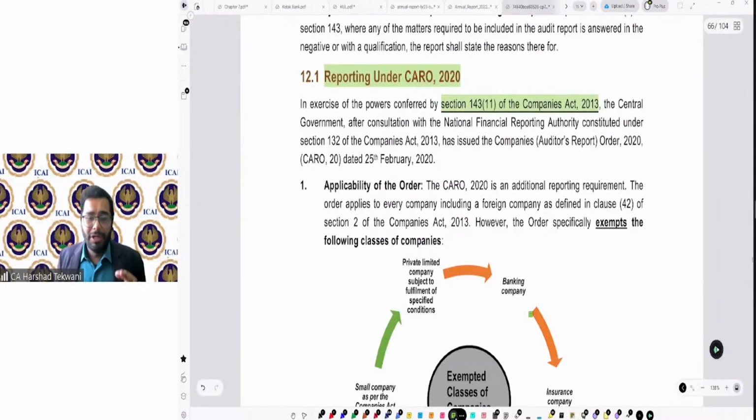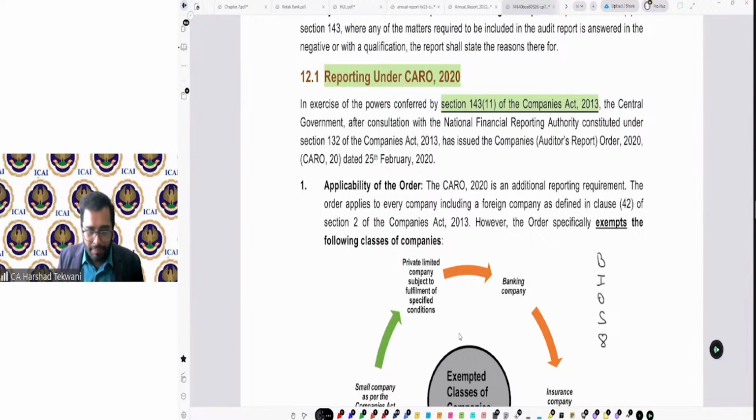When I talk about CARO exemptions, CARO exempts a few classes of companies, and I usually write them in this particular format: BIOS 8.